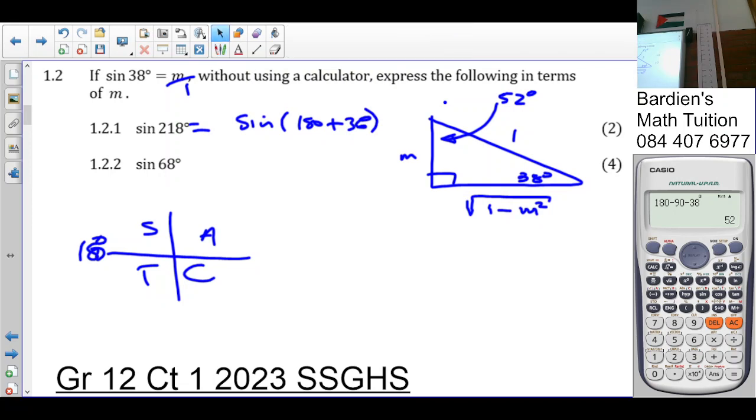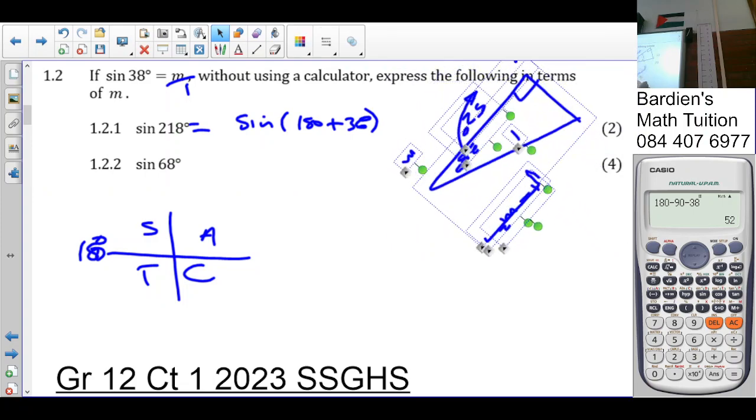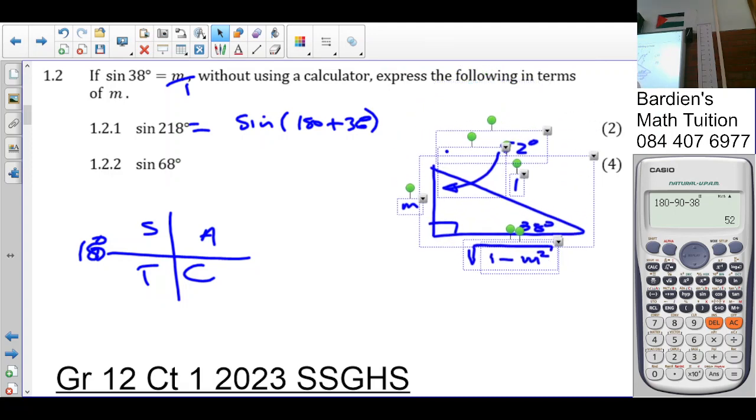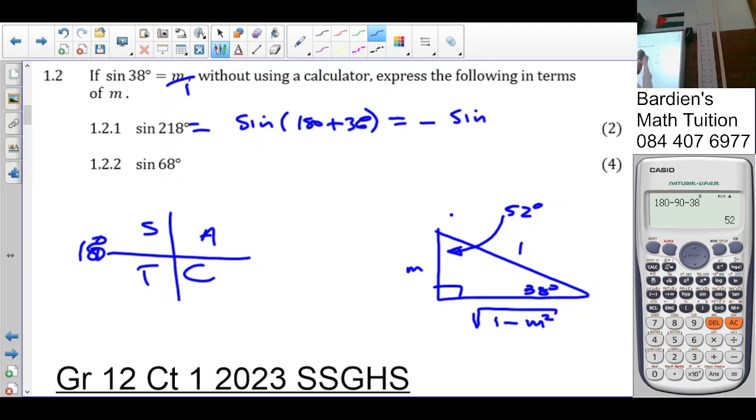In the third quadrant, sine, of course, is negative. So it's negative sine 38 degrees. And sine of 38 is m, so the answer is negative m.